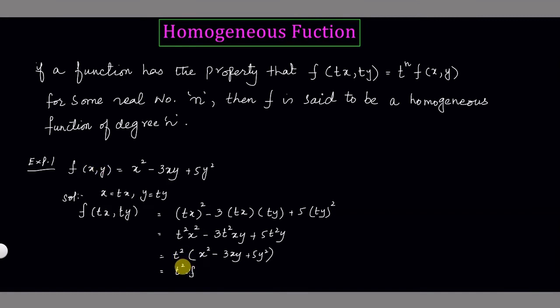So we can replace it with f of xy, and this is the actual definition of a homogeneous function. If you replace x, y by tx, ty in the function and you get t with some power n, any real number, out of the bracket, and the function remains the same, then this function is a homogeneous function. The power of t declares the degree of the function, so the degree of this function is 2.